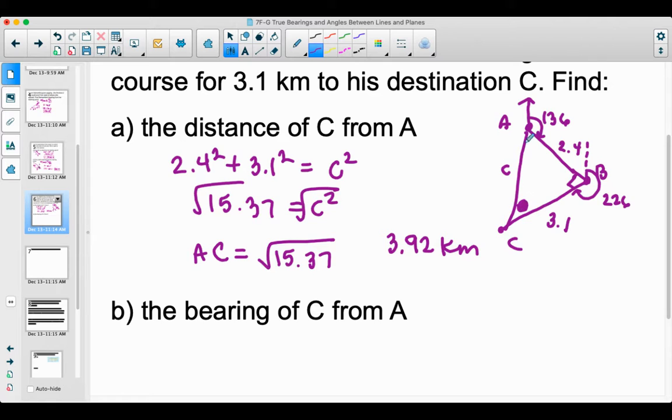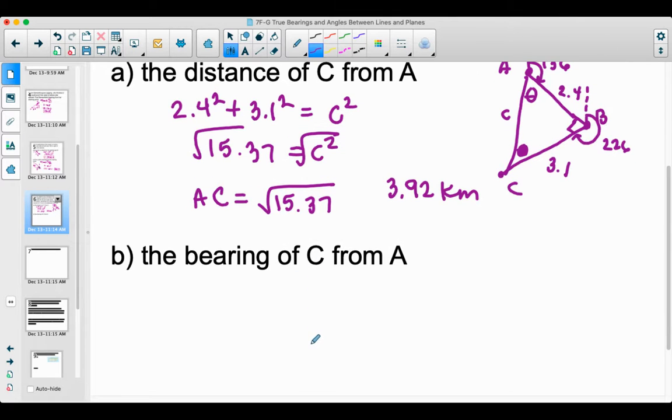Or no, that's not the angle we're going to be looking at. We're looking for that angle right there from C to A. Okay, so if we look at that, we've got our opposite and our adjacent. And I'm using opposite and adjacent because those are what was given to us. This is a rounded value there.